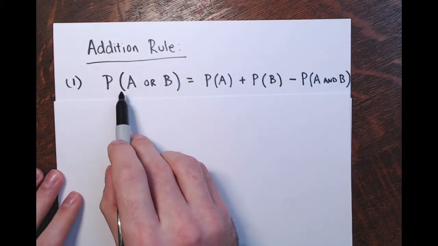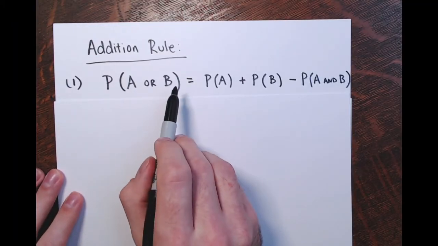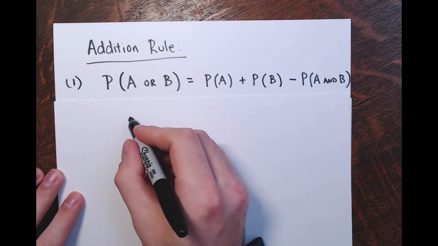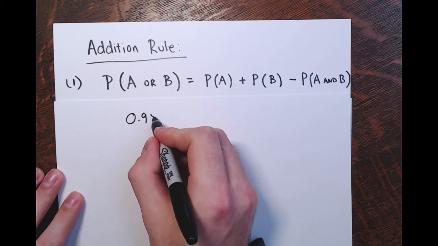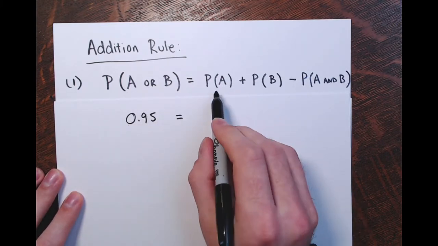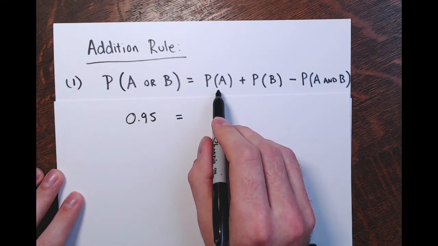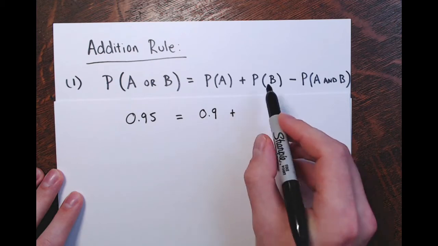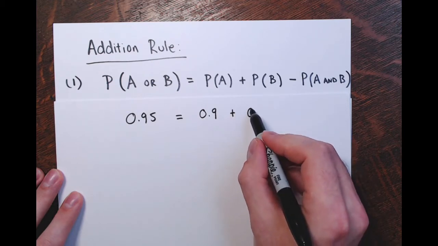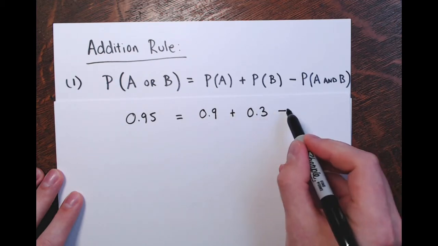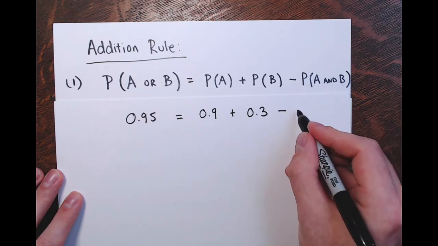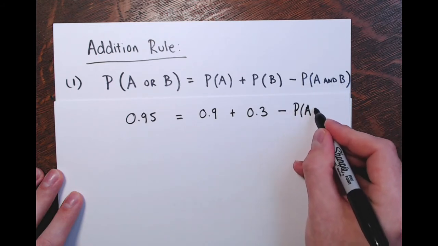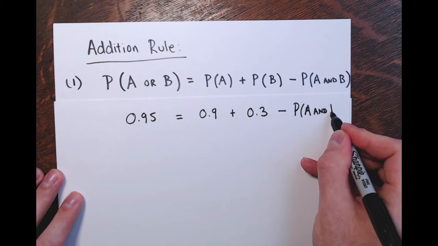We were given this: the probability that A or B occurs is 0.95. It equals the probability that A occurs on its own, 90%, 0.9, plus the probability that B occurs, 0.3. And we're trying to figure out this, the probability that A and B occur at the same time.